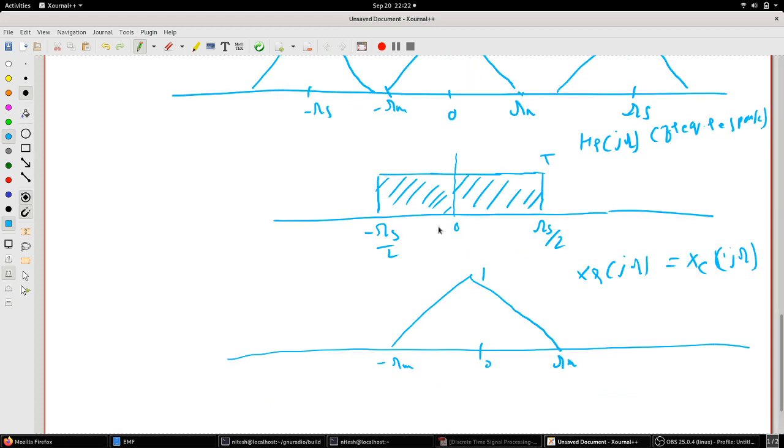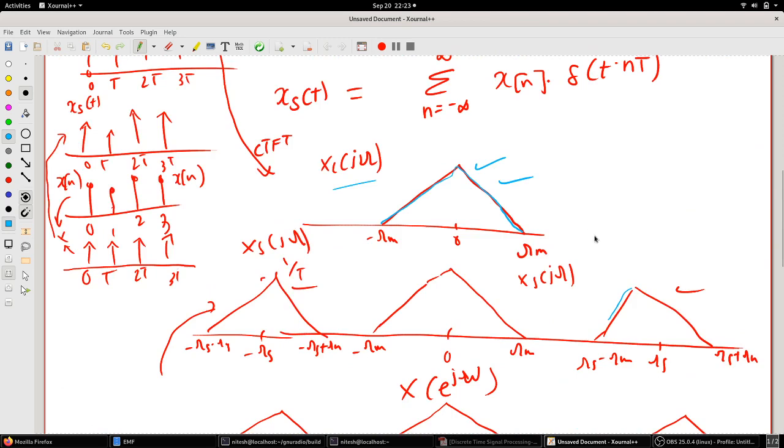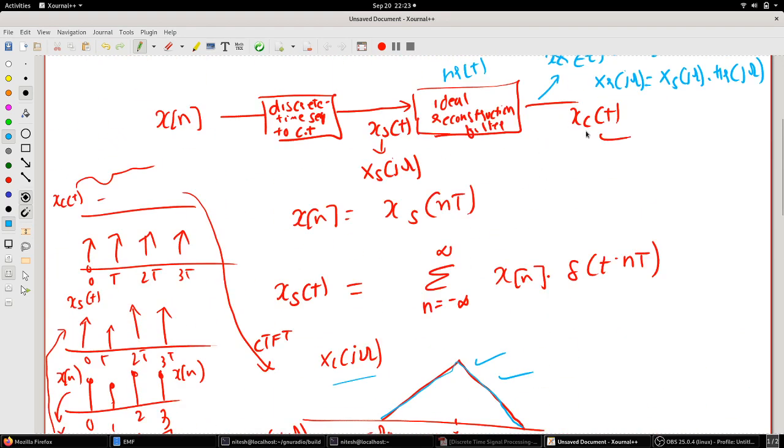Since ωs is 2π by T, this can also mean minus π by T to π by T. This is what I will have. If I pass it through this ideal reconstruction filter, I will get my xc(t), the continuous signal.